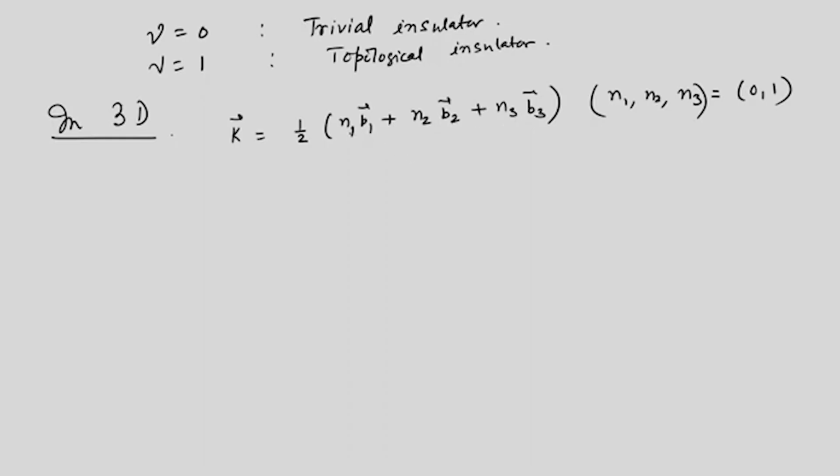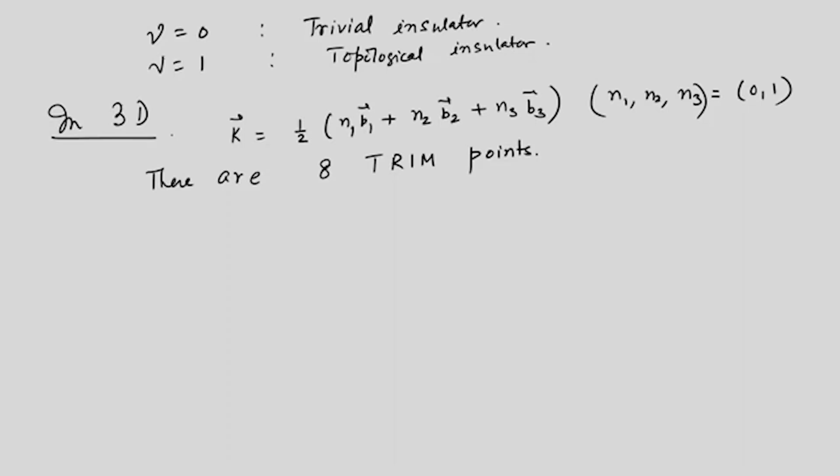And then you can have two of them to be 1 and the third one to be 0, or all three to be 1. For all these choices, there are 8 trim points, corresponding to these choices of n1, n2, n3 being 0 and 1. So, as opposed to 4 trim points in 2D, in 3D there are 8 trim points.